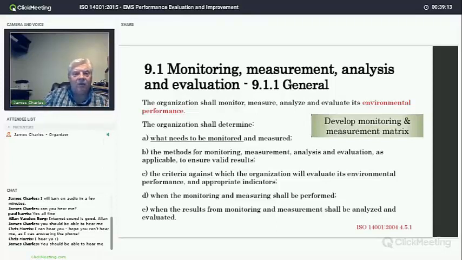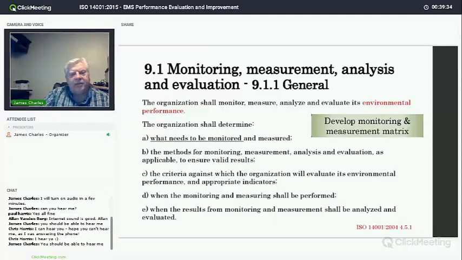Now I don't see that here. I don't see that specificity. It just says we're going to monitor and measure our environmental performance. Now, does that mean the environmental performance of our significant aspects? I could allude to that, but I don't see the words.